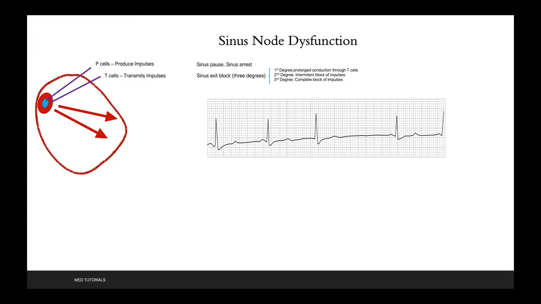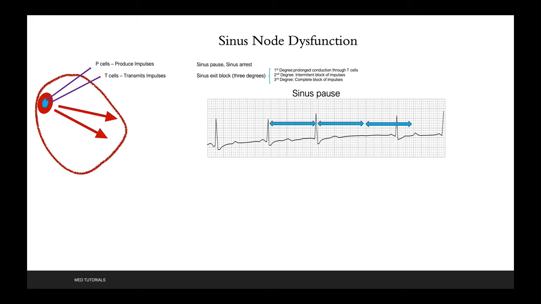If you look at the first ECG, you see after the third complex, there is a gap. The RR interval is markedly prolonged after the third complex. If you were to compare it with the second RR interval, it's markedly prolonged, but it's not double, it's just prolonged.